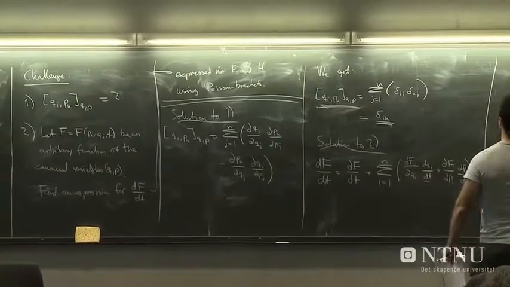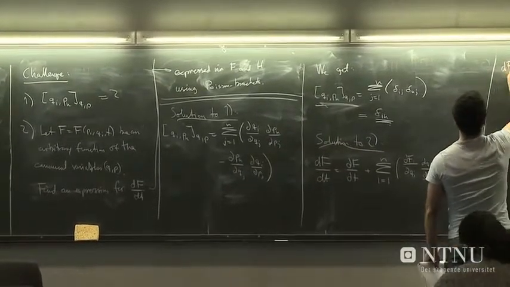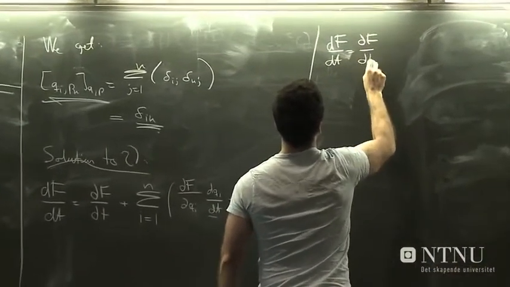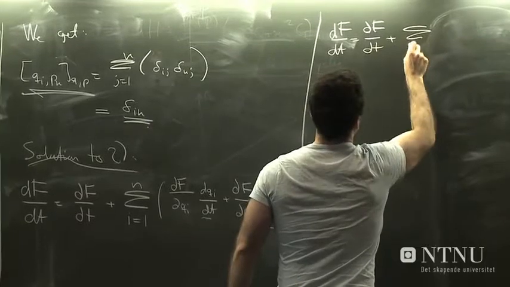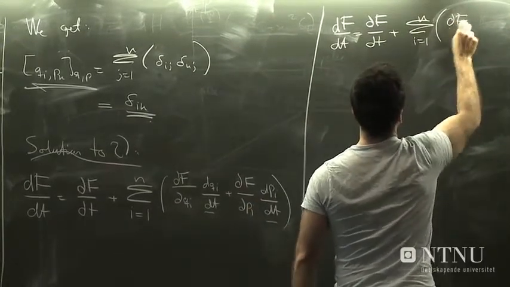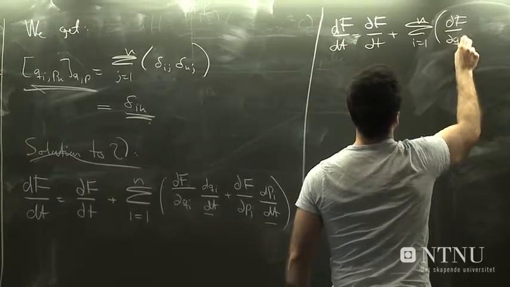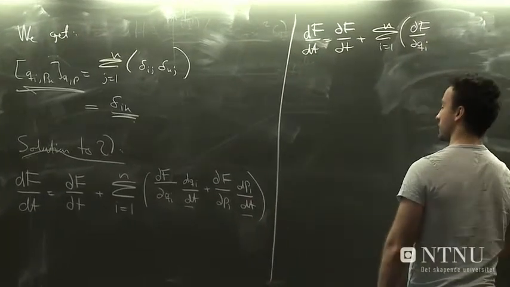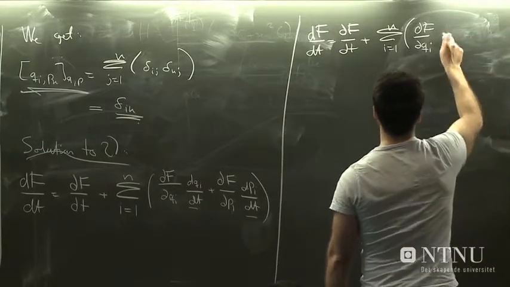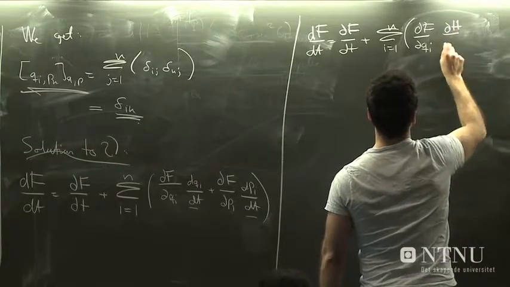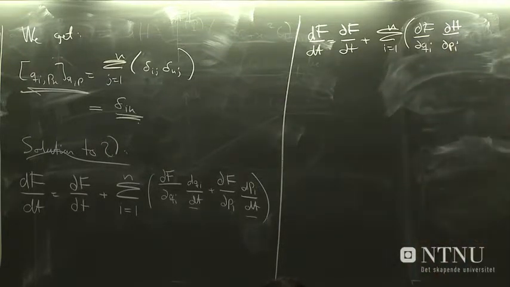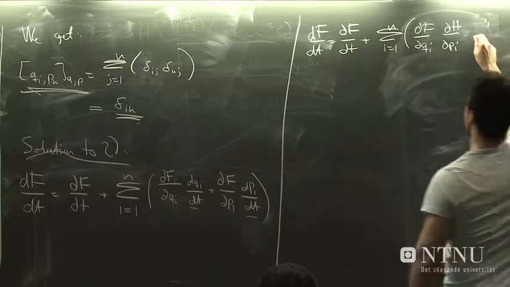All right, so then we get: the first one is q dot, which is equal to dH/dp_i.